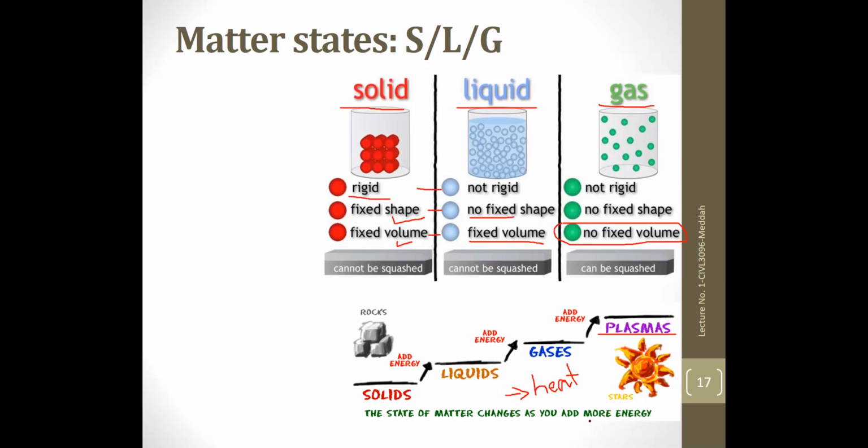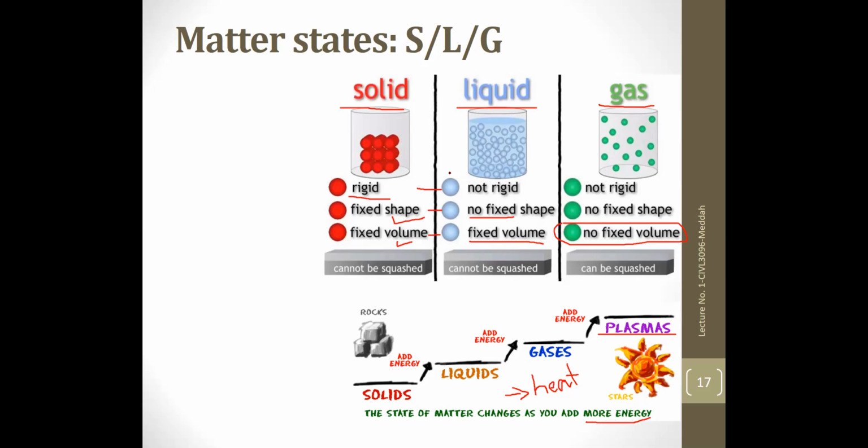So you can see the energy, the more you put energy, the more you change the physical state of the material. And you can just take the very simple, basic example, water. Water is liquid at a temperature over zero.